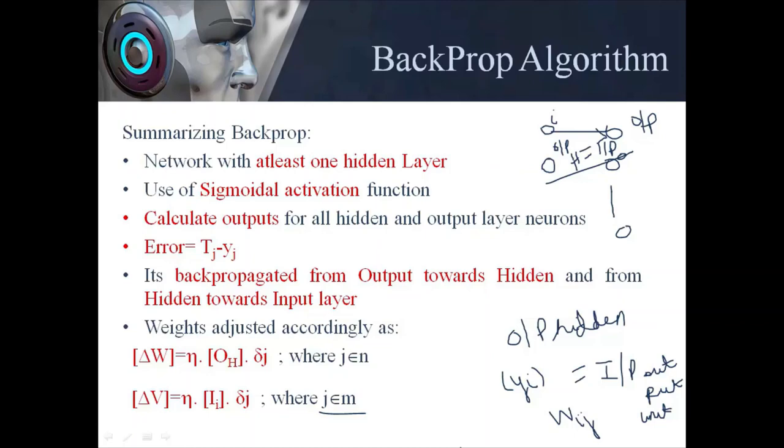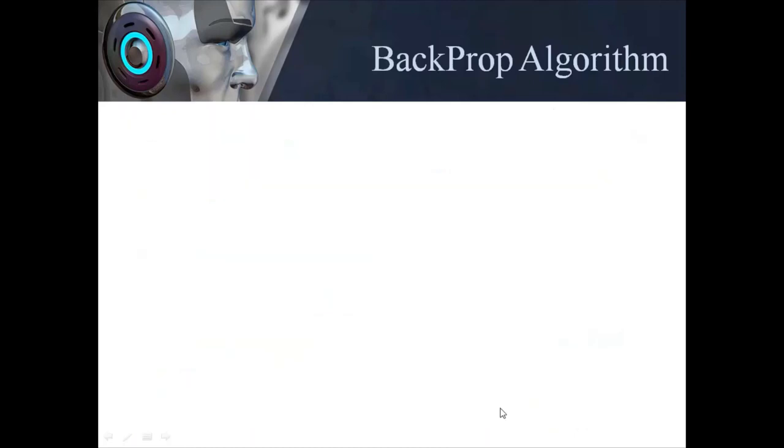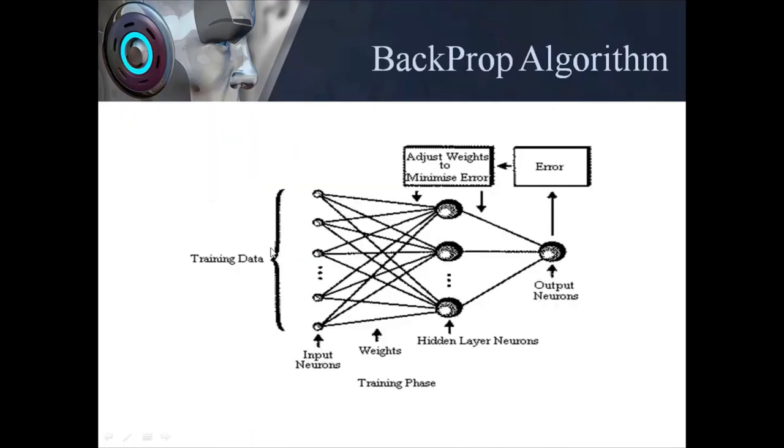To pictorially represent it, I can just show you this diagram. In backpropagation, we first apply the training data. On the application of this training data using the weights on these interconnections, here it will be weights V and here we have the weight matrix W between the hidden and the output elements.